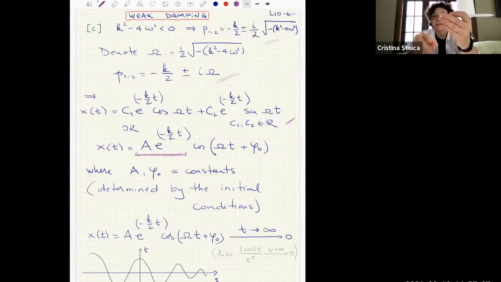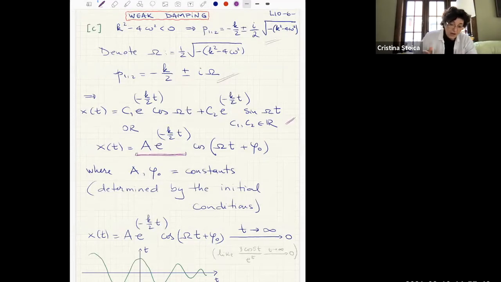Whereas the weakly damped one is the one where you release it, and it does that, and it stops. So it has this oscillation with smaller and smaller amplitude.